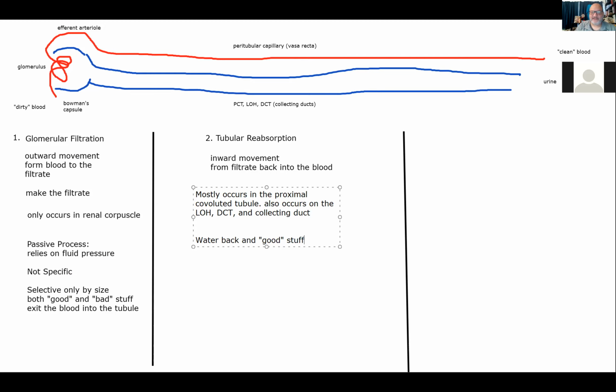Now, notice in this case, we want to be selective. We don't want just anything to be able to come back in. So this is going to be selective. This is going to be specific. However, to make this process specific, what is it going to require that filtration didn't?